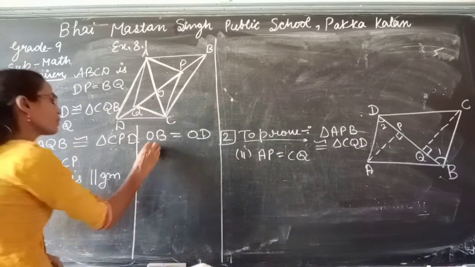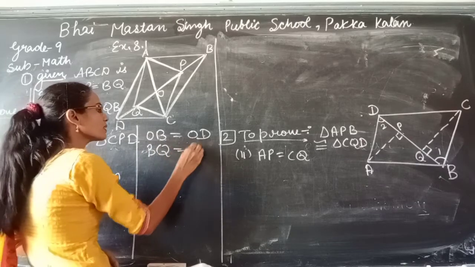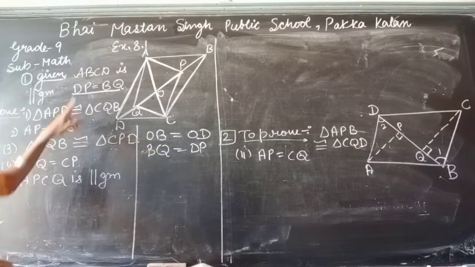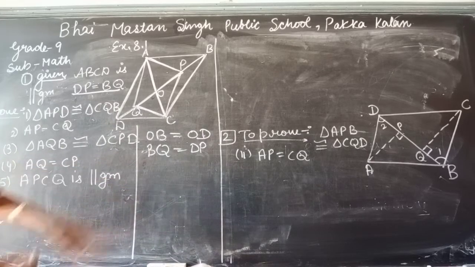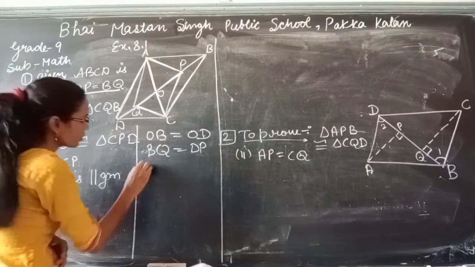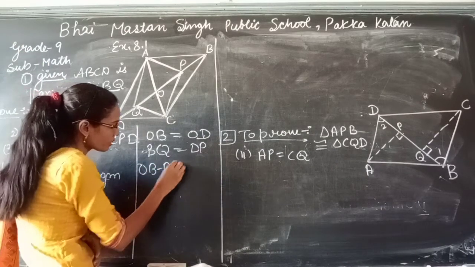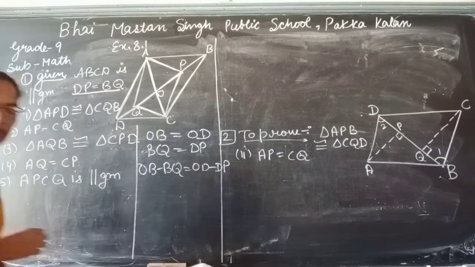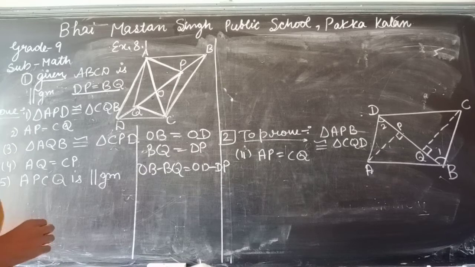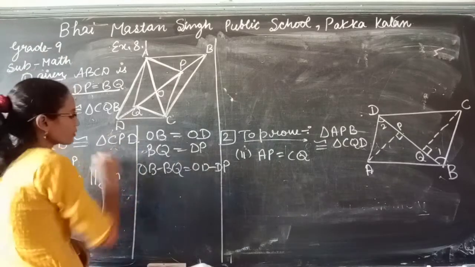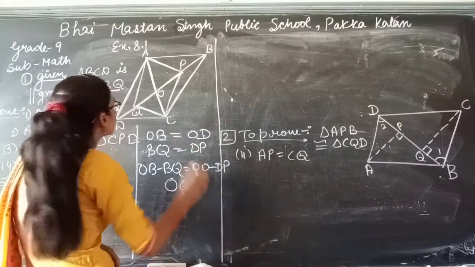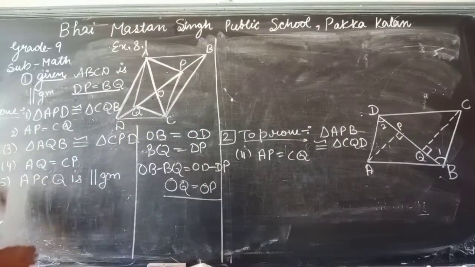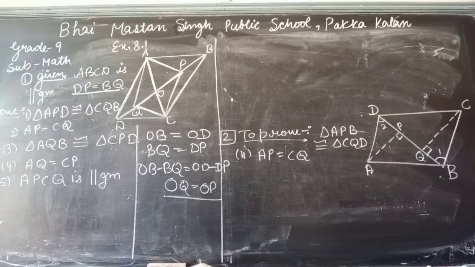Next, BQ is equal to DP, this is given. So OB minus BQ and OD minus DP. Clear to you? After that we write what is left: OQ is equal to OP. This is what I use to prove the congruency of these two triangles.